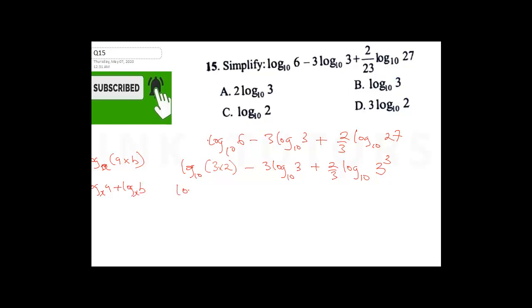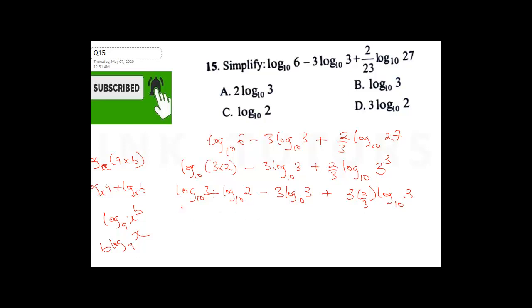So this will give us log 10 3 plus log 10 2 minus 3 log 10 3 plus, now remember our law in indices, log a to the power b is b multiplied by log a. So this is going to now give us 3 times 2 over 3 into log 10 3.